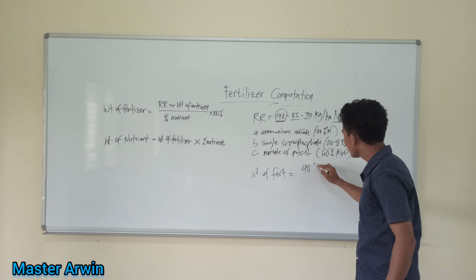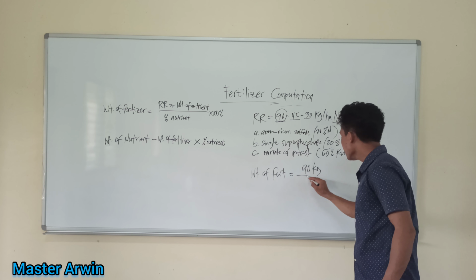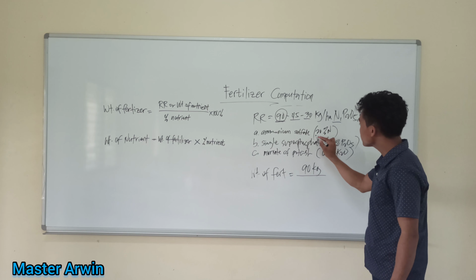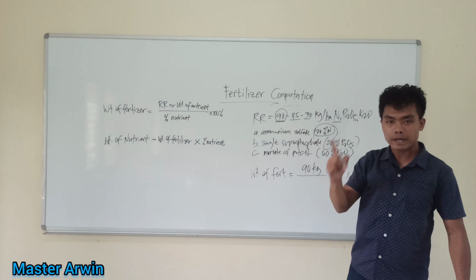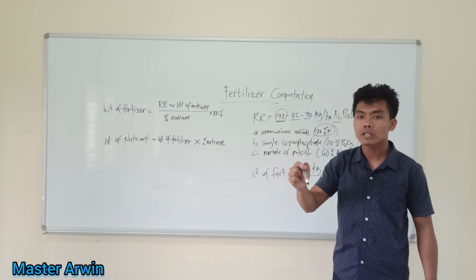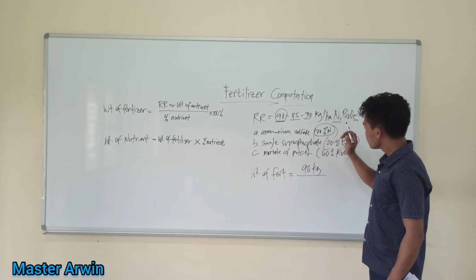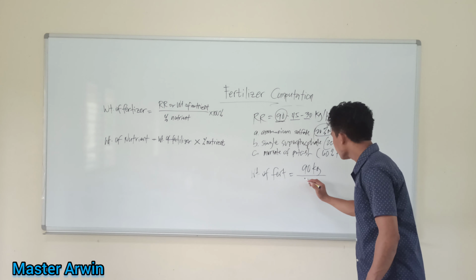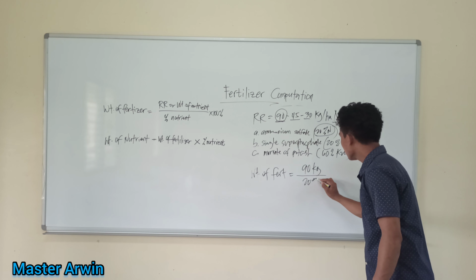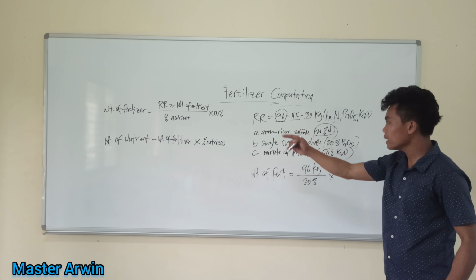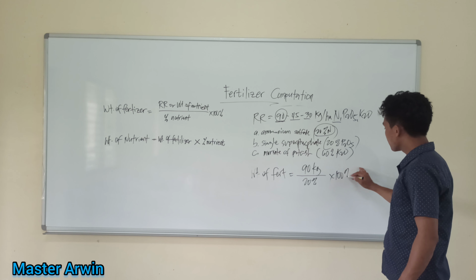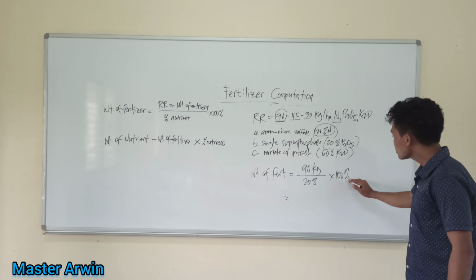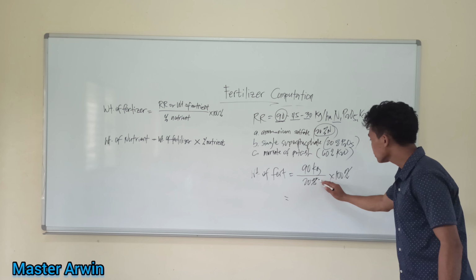So 90 kilograms divided by percent nutrients, the percent nutrients of the fertilizer material that you are going to use. That's the percentage that will be written here. So 20%. Then times 100%.